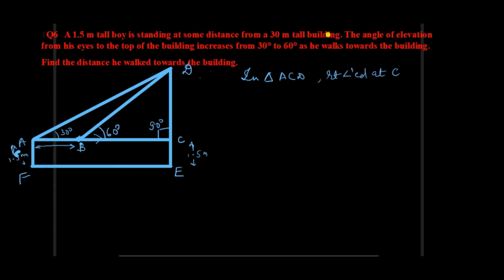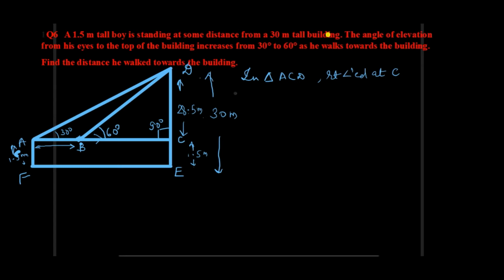The whole building height is 30 meter. So that means DE is 30 meter. Now in this triangle ACD, DC will be how much? 30 minus 1.5, that means 28.5 meter. Then only 28.5 plus 1.5 will make 30 meter. So CD is 28.5 meter. You need to take account of this. This is very important.